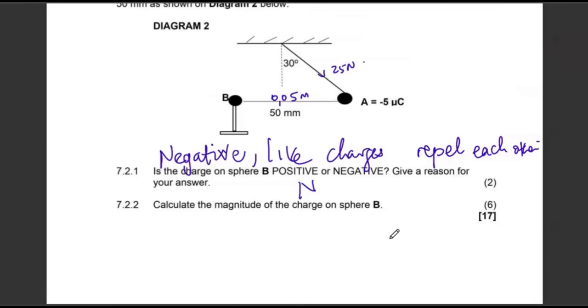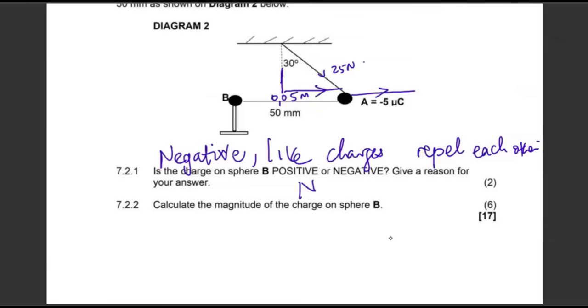Magnitude of B. Okay, so I think we can look at this if you try to do the resolving, whereby we look at the tension. If we are to resolve it, we're going to have the horizontal and the vertical.